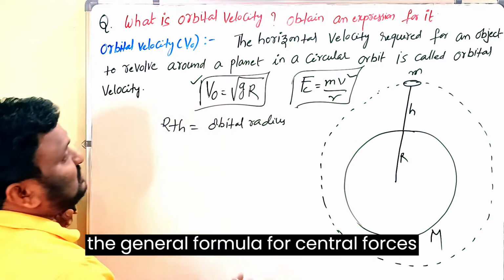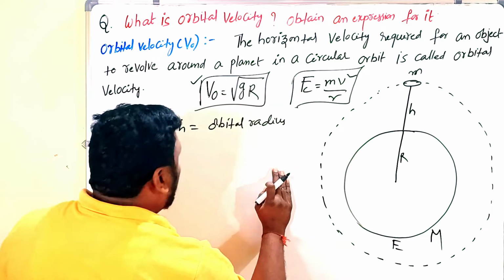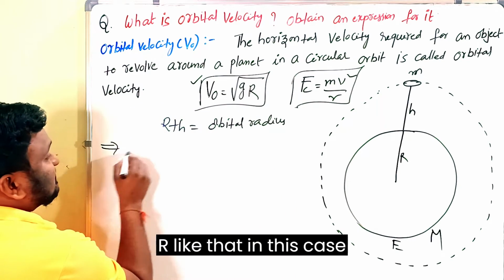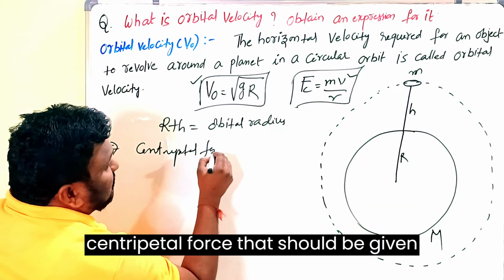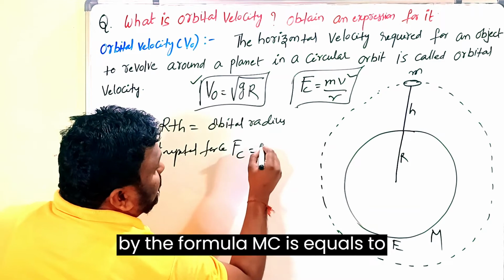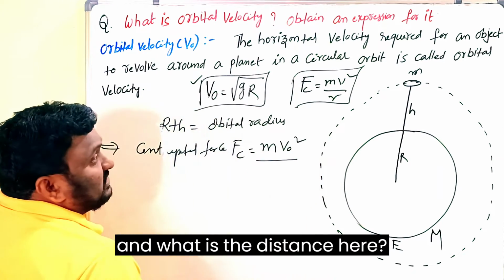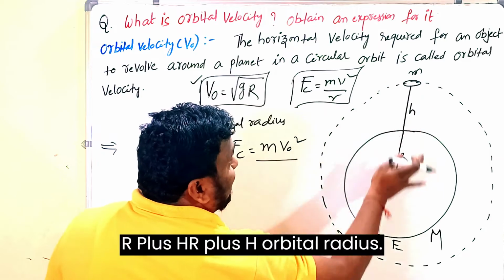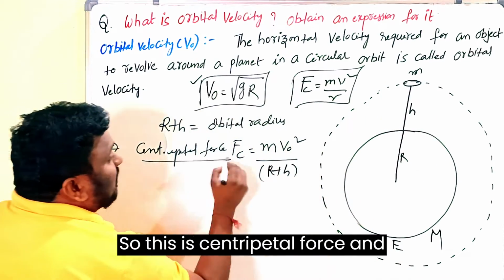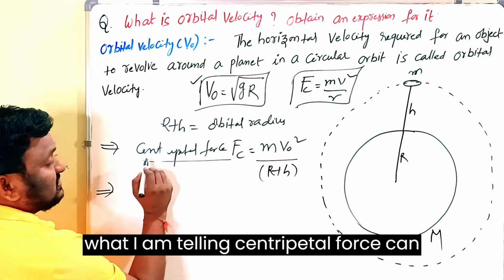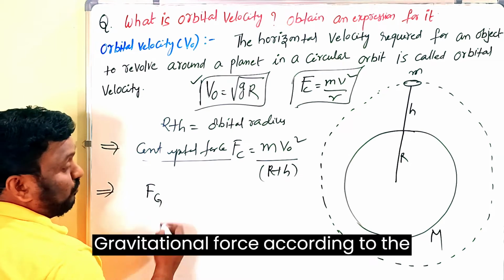The general formula for centripetal force is mv square by r. In this case, the centripetal force is given by Fc equals m Vo square by (R plus h), where R plus h is the orbital radius. This is equation number 1. The centripetal force can be equal to the gravitational force.